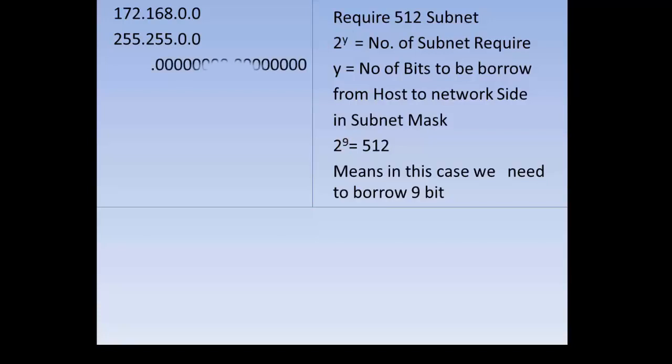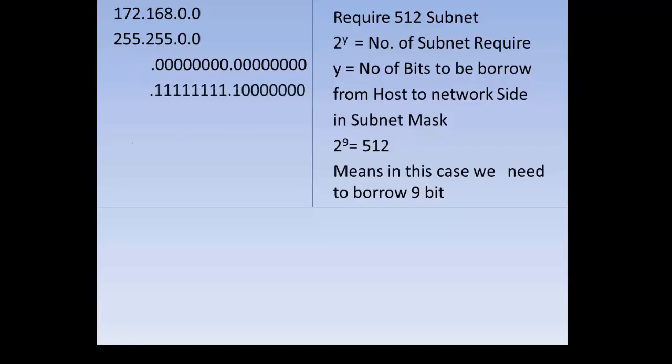So this is the default. 9 bits means 8 bits in the third octet and 1 bit in the fourth octet. I am going to borrow 9 bits from the host to the network side. So it will be like this.